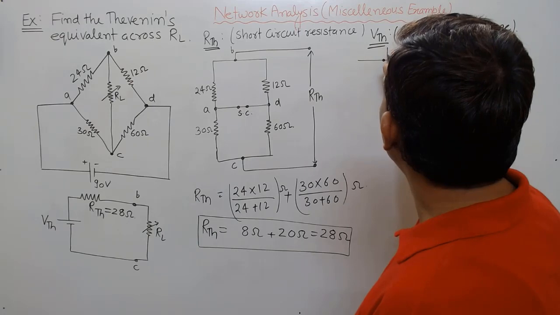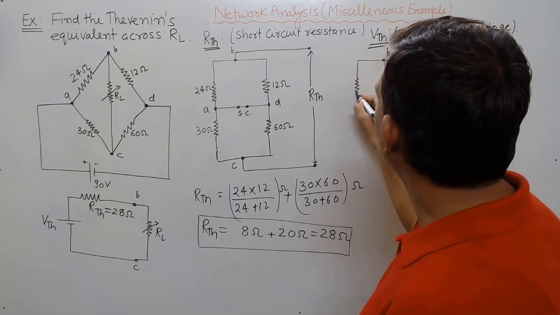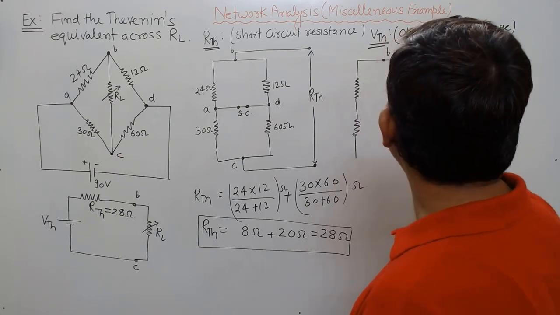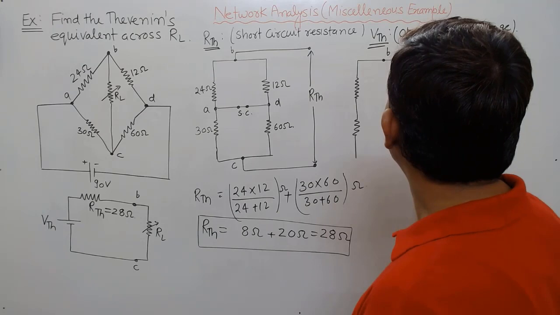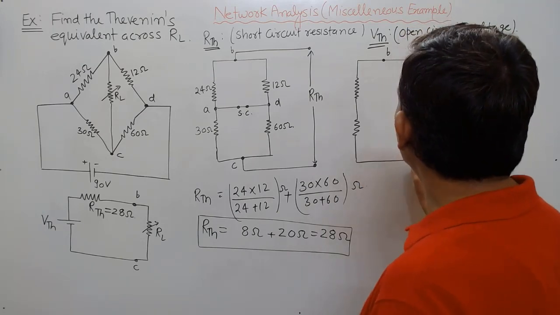Again this point is B, this is 24 ohm and this will be 30 ohm. Draw the equivalent circuit.